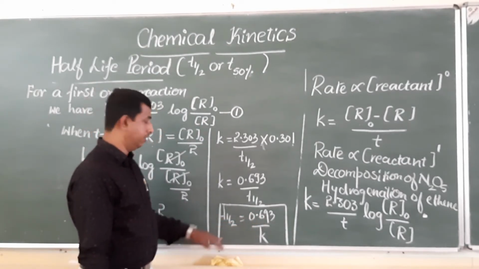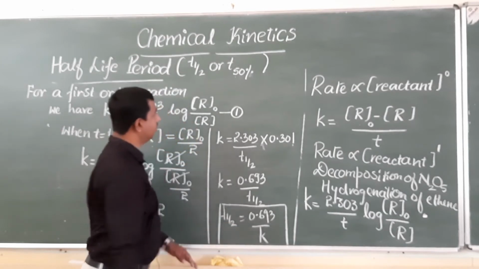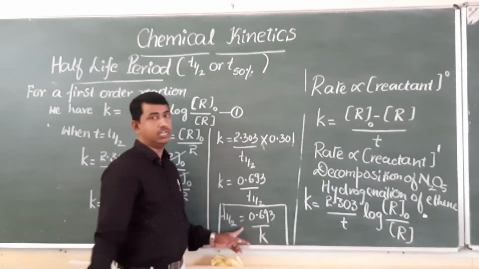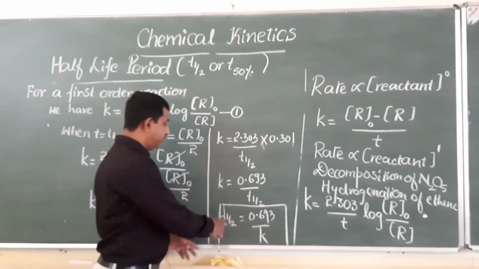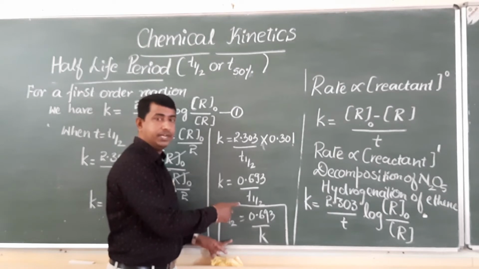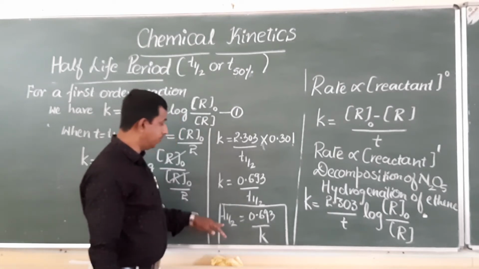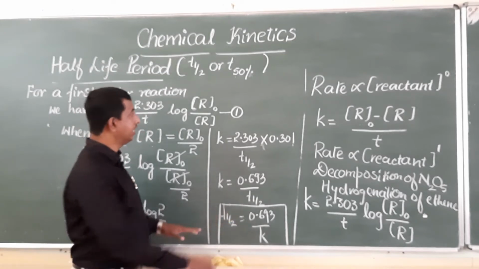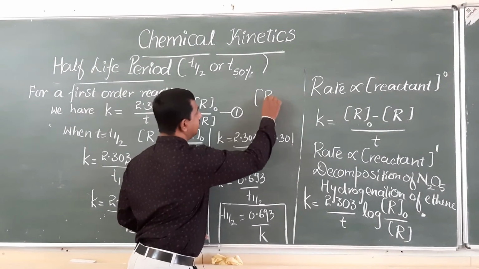So what I can say? The half-life period of a first order reaction is independent of initial concentration, because the expression for half-life period does not contain any initial concentration term.